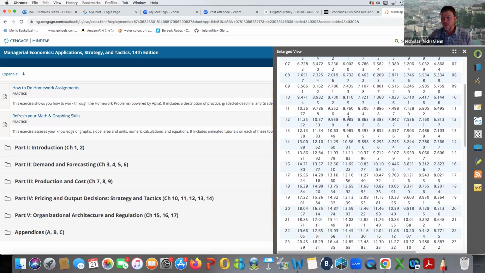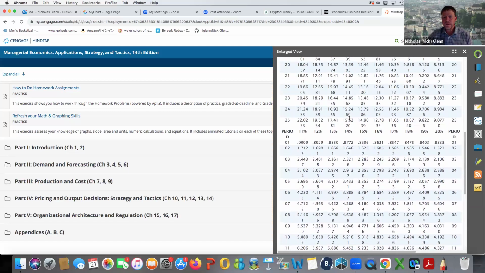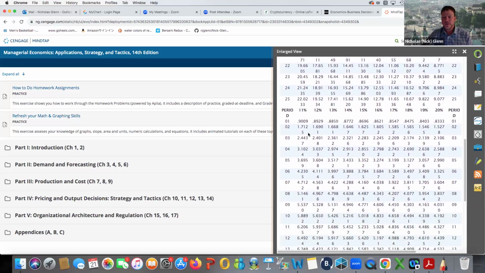That only goes down to 2.486. Let's see, let's go here. This goes even further. 3 periods, 2.44, so on to 2.10. So basically ours is lower than this. So this internal rate of return that you have is going to be above 20%. Okay. And essentially what I found it to be, I had to calculate it a different way, was that the internal rate of return is going to be 22%.